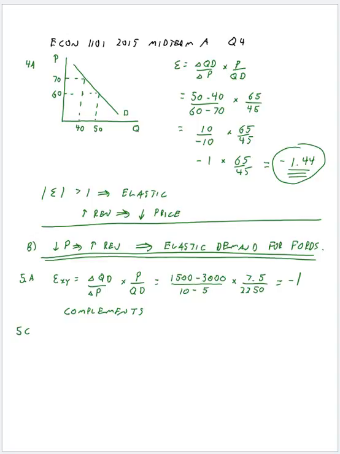5c, consider product X. Suppose demand for X is more elastic than the supply of X. Okay, so let's draw those curves for product X. Price and quantity. And it says the demand is more elastic than the supply. So we'll draw a relatively elastic demand curve and a relatively inelastic supply curve.